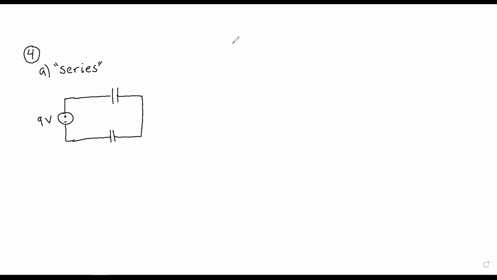What is the value for capacitor 1? I'm going to call this one over here on top capacitor 1. It's 2 microfarads. And capacitor 2? 7.4 microfarads.